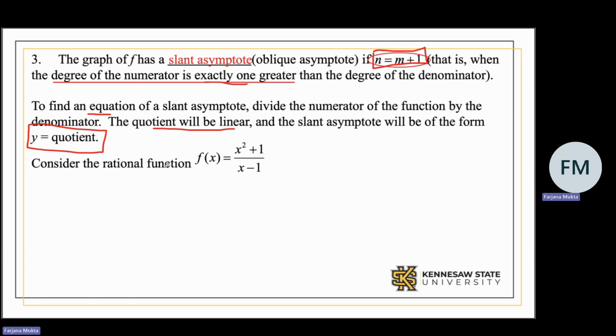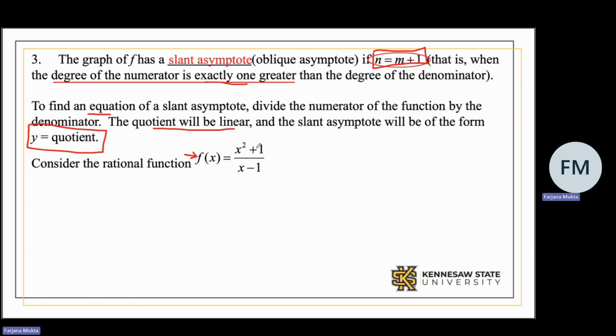Now we'll move forward and look at this example and try to find all the asymptotes of this function. Okay. So this is our function f of x. We have x squared plus 1 on the top, x minus 1 on the bottom. First, the vertical asymptote. Is this function in its simplest form?